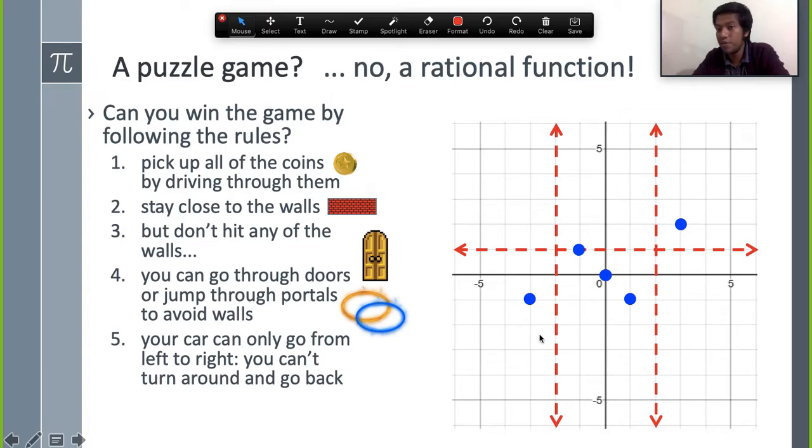The line comes closer to the asymptote. You cannot go back around, because if you go around and go back, then it violates the definition of the function.